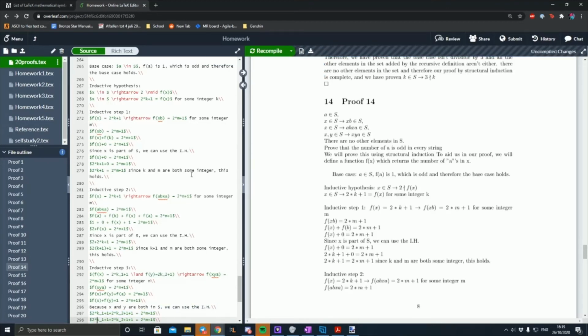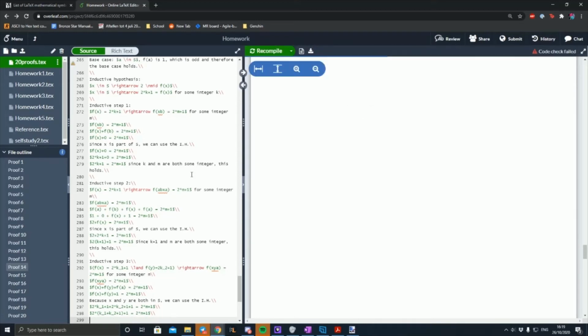And then this is plus 2, and this is plus 1 in the end. So this is 2 times k1 plus k2 plus 1, plus 1.